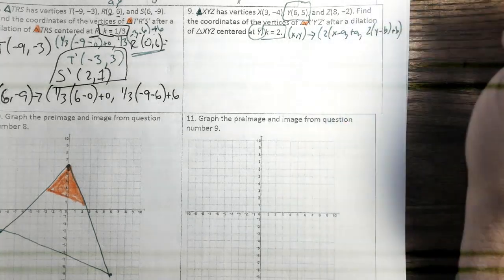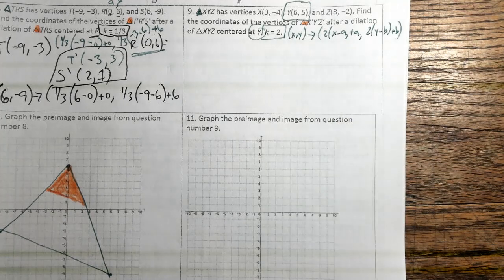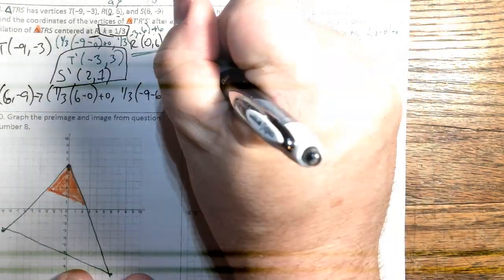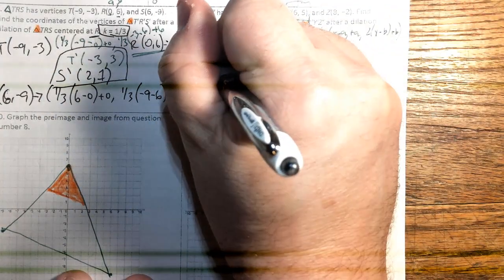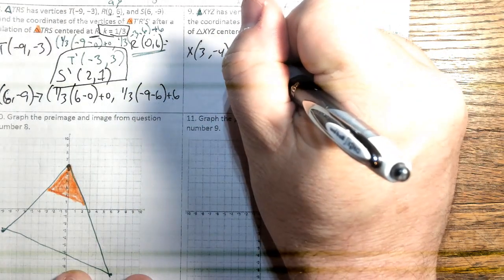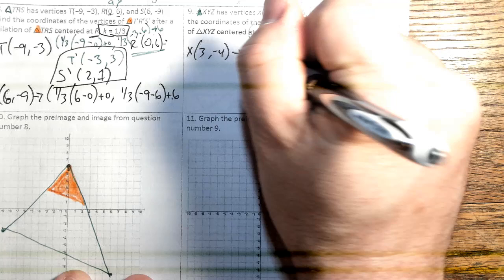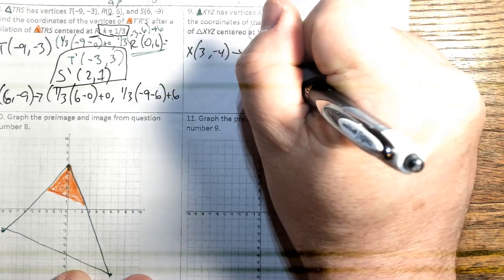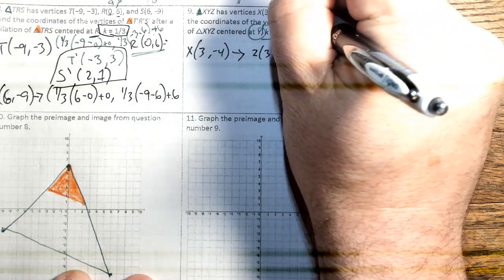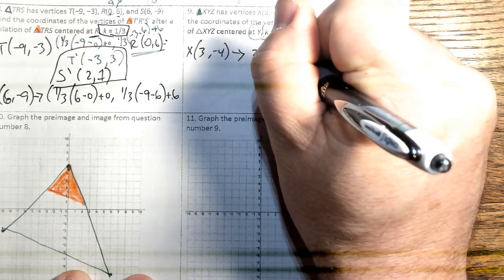All right, so let's do this. Okay. So x, we know y is the same. So x is 3, negative 4. So it's going to be 2 times x, which is 3. So this is our a, b. Minus 6 plus 6.